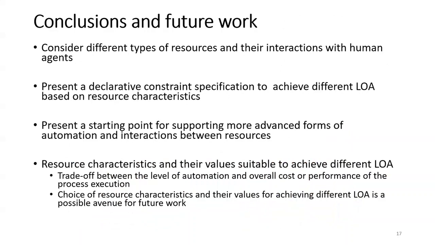So to conclude, in this work, we consider different types of resources and their interactions with human agents. We present a declarative constraint specification that could achieve different levels of automation based on resource characteristics. And this work presents a starting point for supporting more advanced forms of automation and interaction between resources.